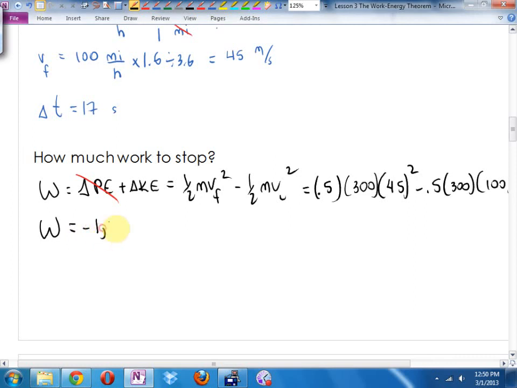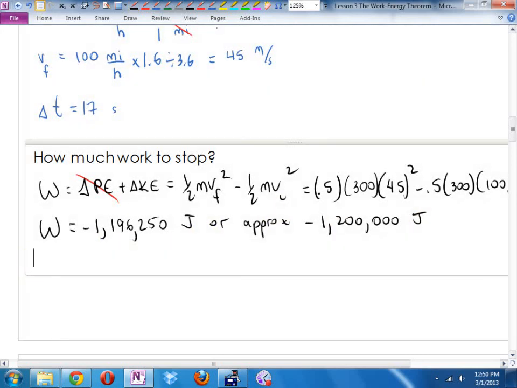Negative 196,250. Or, since we've been really rough, how about negative 1,200,000 joules? About 1.2 million joules.